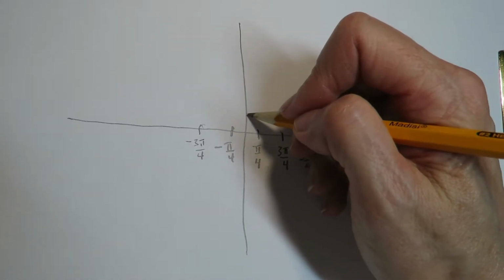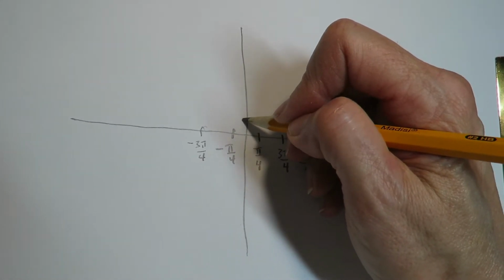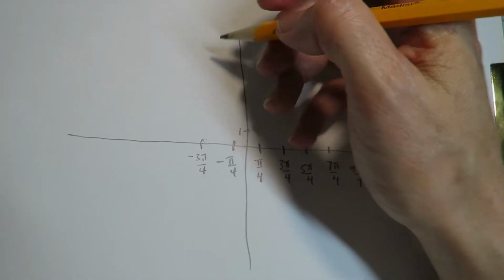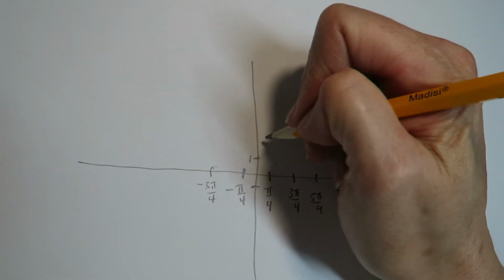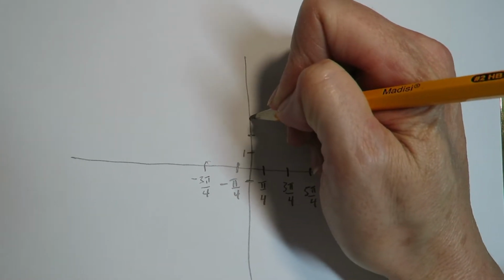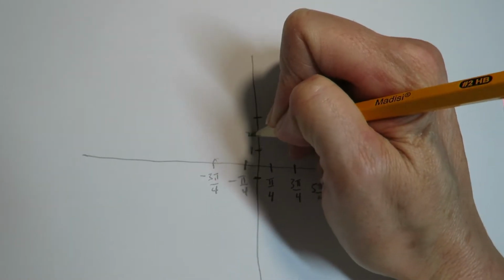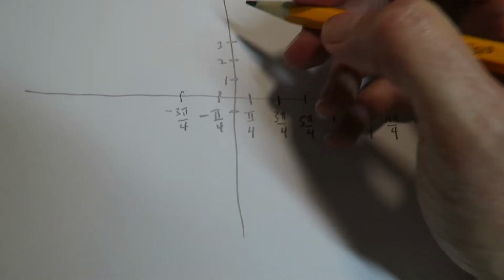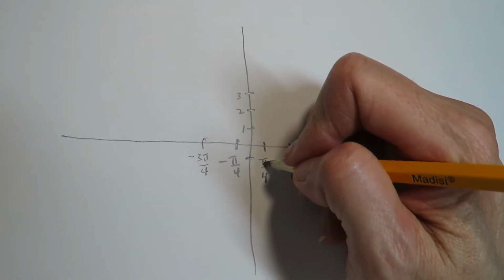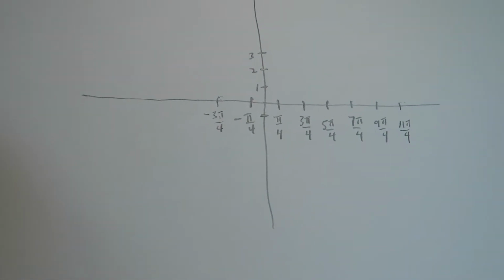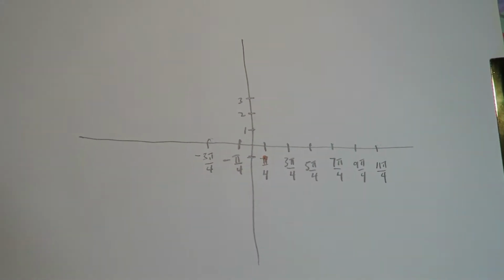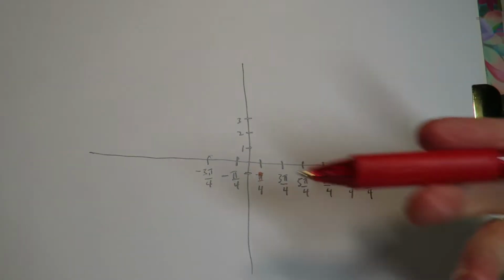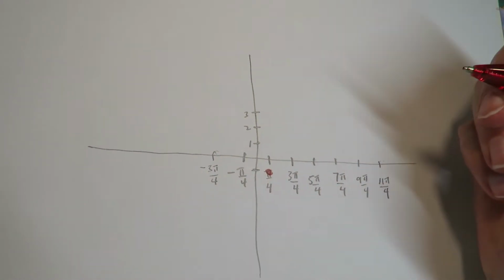All right, so if this is 3/4, then 1 would look about here. We have to do a negative 1, we have to do a 2, and we have to do a 3. Okay, so at pi over 4, we're at negative 1.